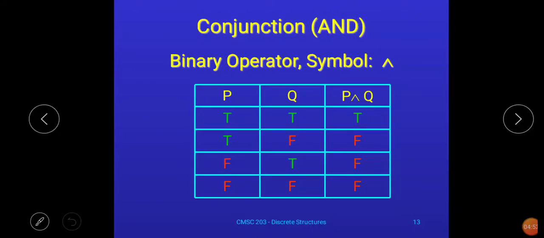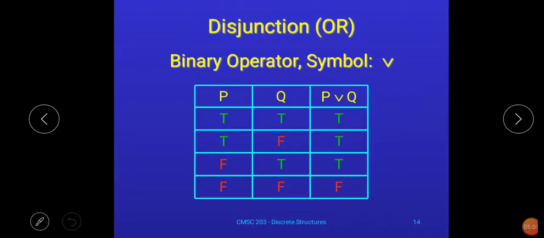So let us revise. For AND, if both are true, then output will be true, otherwise false. For OR, if both are false, then output will be false, otherwise it is true.